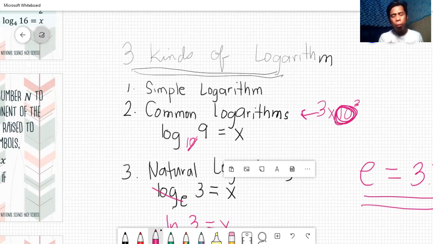I know that most of you didn't have any special classes in mathematics. I think this lesson is very, very important. So as of now, that is the introduction for logarithm.